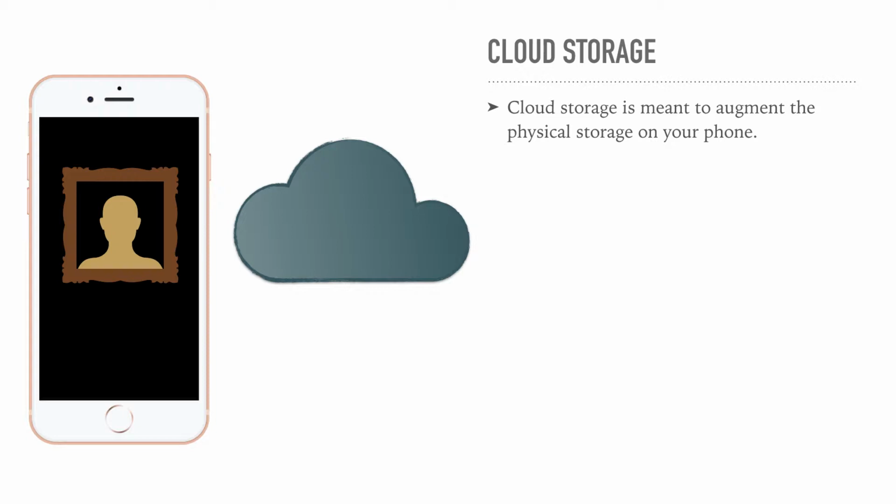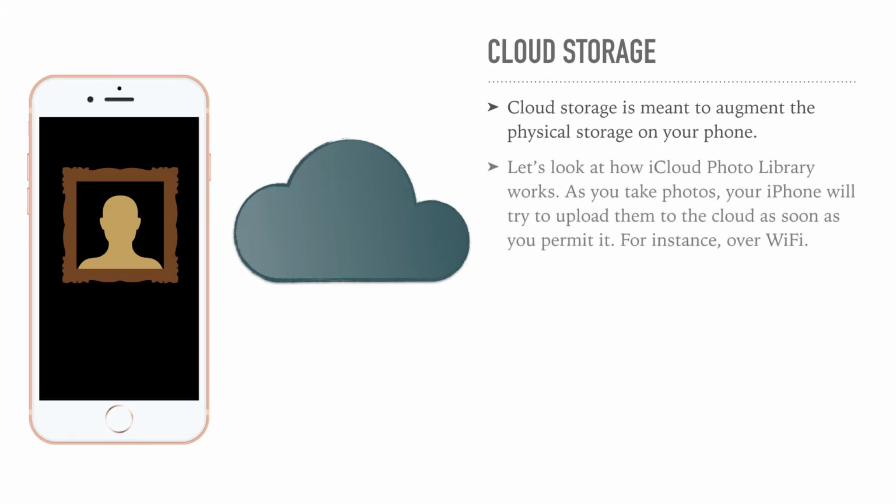Apple's cloud storage is meant to give you extra space and make it appear as if your phone has much more space than it does in physical life. iCloud Photo Library lets you store your photos. As you take a photograph, when you get back home where you have Wi-Fi, your phone will upload the photo to the cloud.